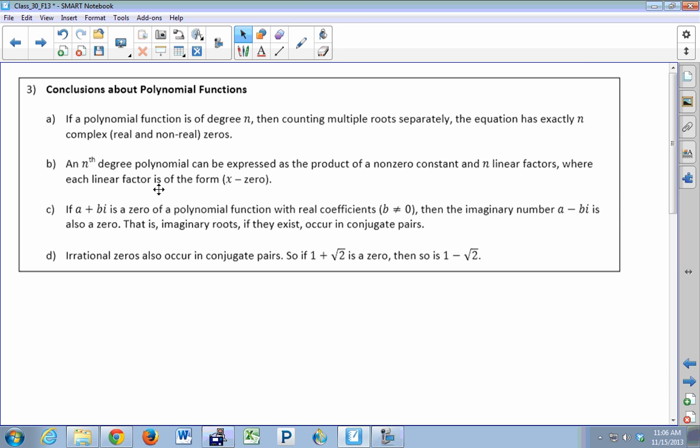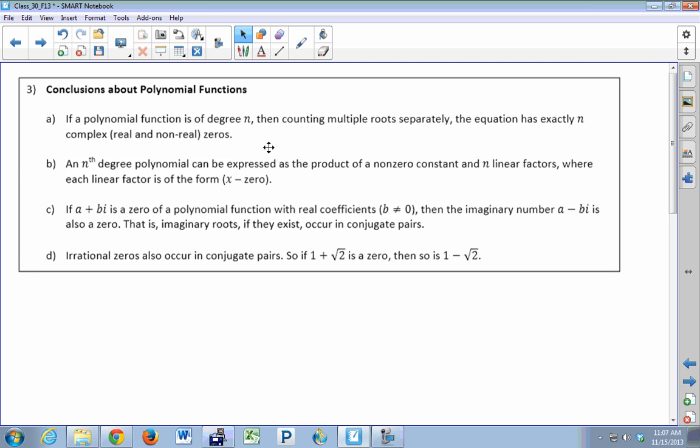Oh, we've got a conclusion. This is really important. We've spent 4 classes on polynomial functions now. When we first started polynomial functions and graphing them, we said that a polynomial of degree n, now be careful with the language, can have at most n real zeros. Now we're dealing with real and non-real zeros.